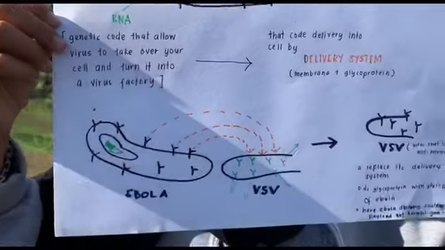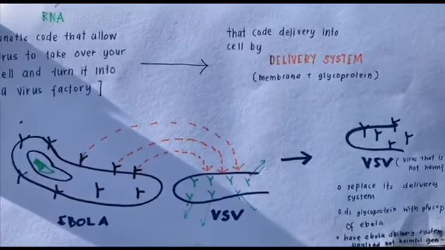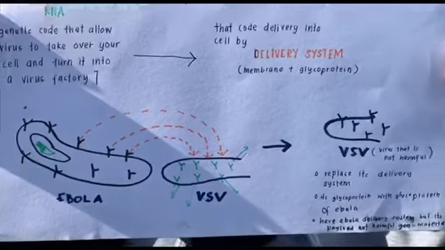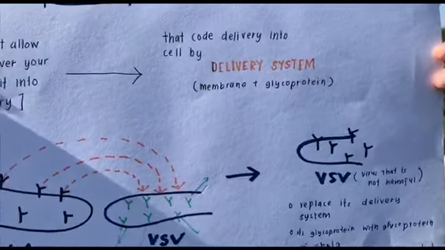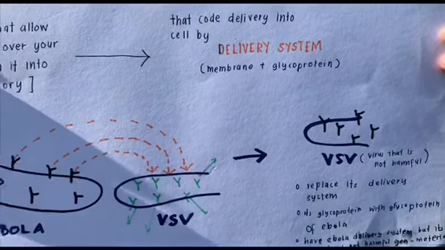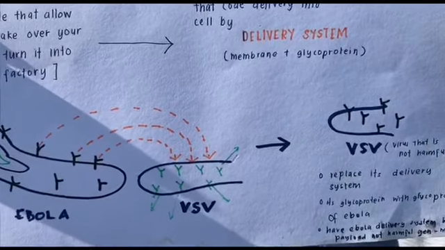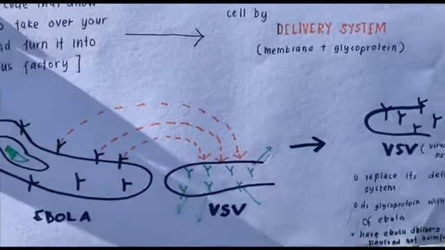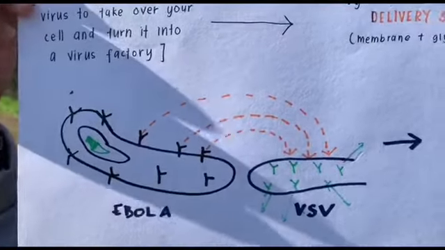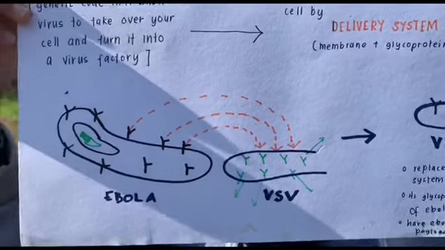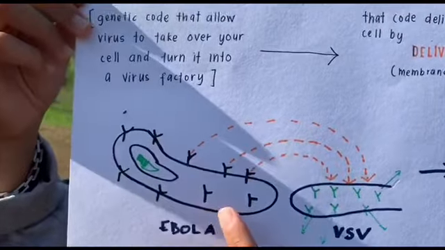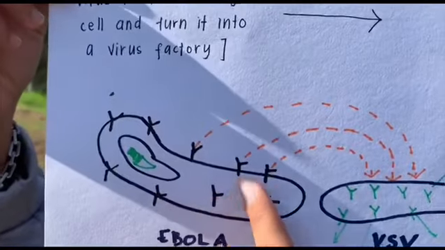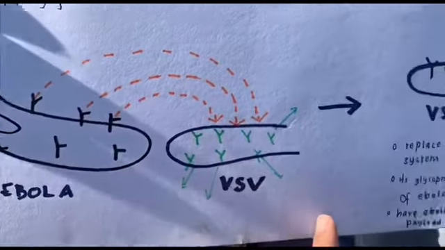So how does this vaccine work on Ebola virus? The VSV vaccine is a virus that is not harmful. It will replace the glycoprotein of its delivery system with the glycoprotein of Ebola virus, as you can see in this orange arrow, where the glycoprotein is replaced in the VSV vaccine.